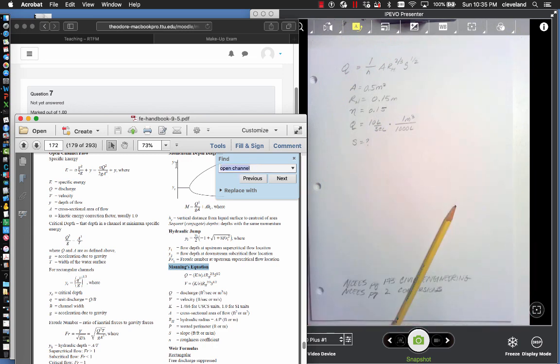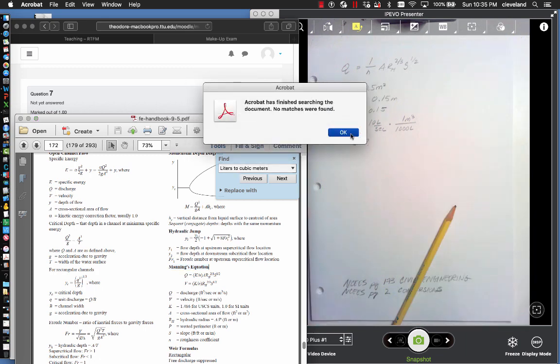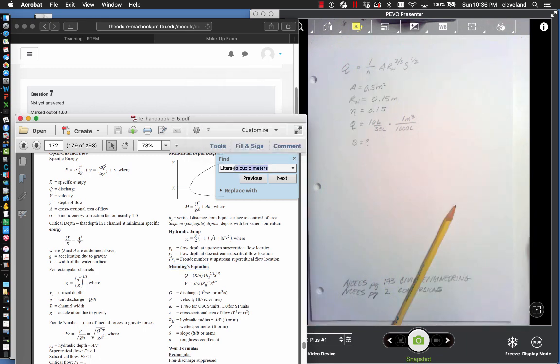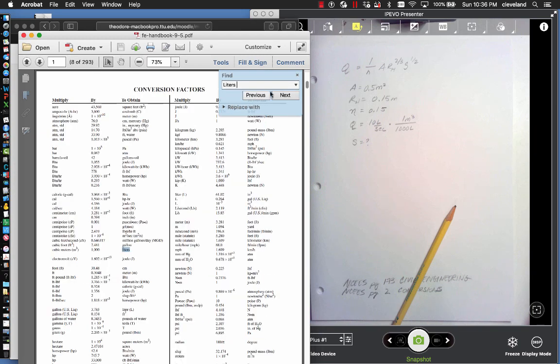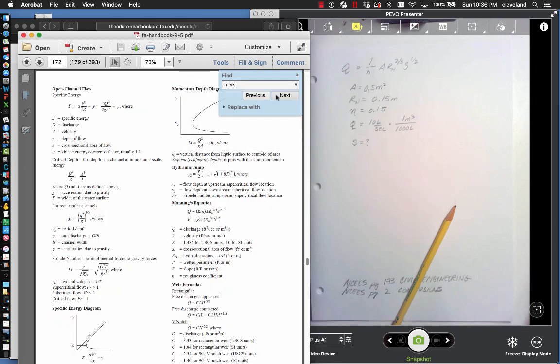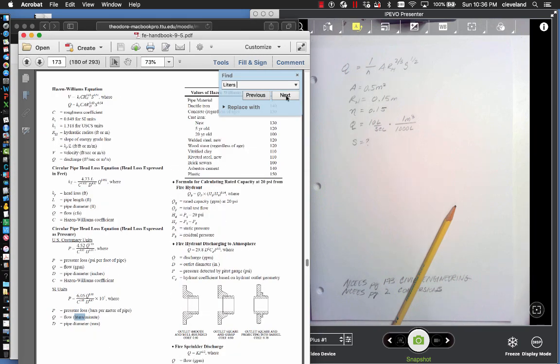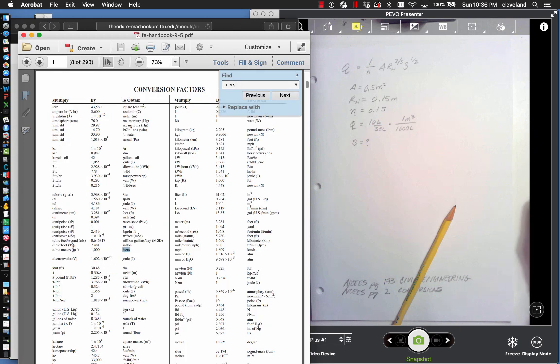Let's see. Cubic meters is 1,000 liters.